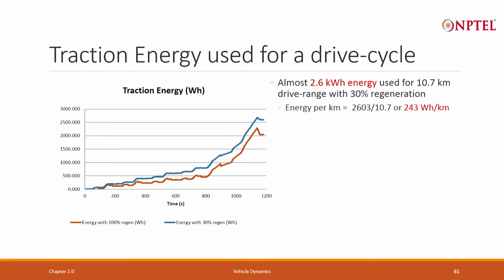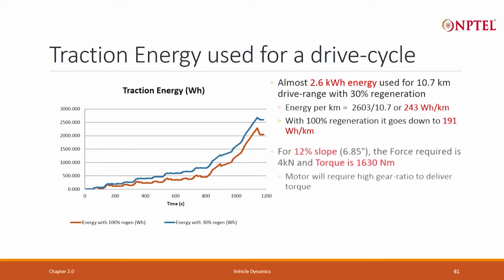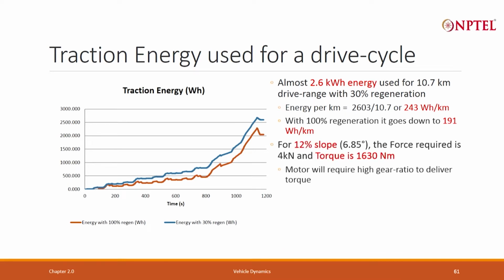This is a much bigger truck, and if I take 100% regeneration, of course, it consumes much less, it will only be slightly above 2000 watt hour in 10.7 kilometer, I can calculate it is 191 watt hour per kilometer. I have also calculated the torque, and that comes from the numbers that we saw.